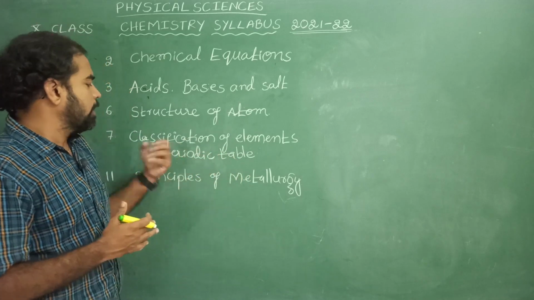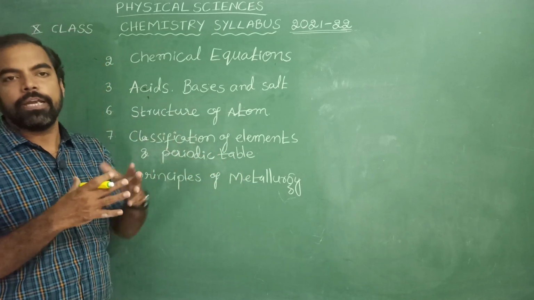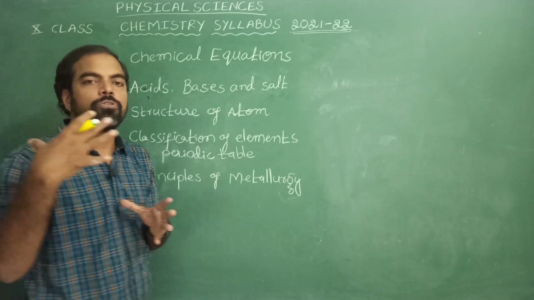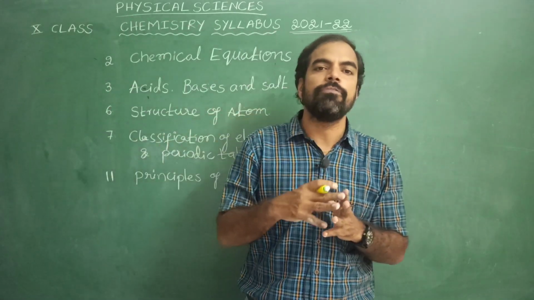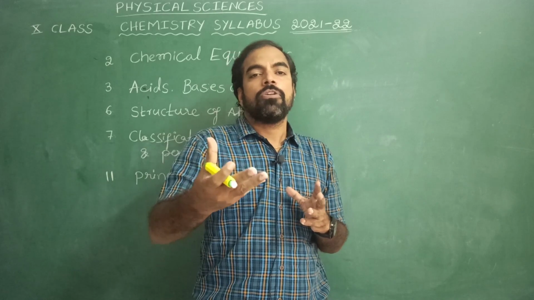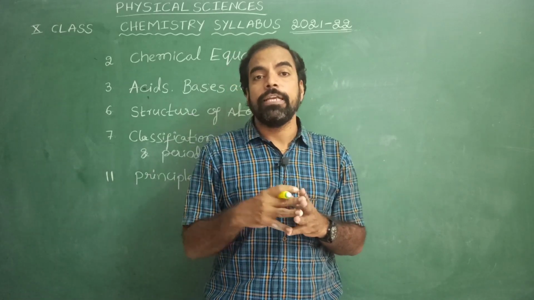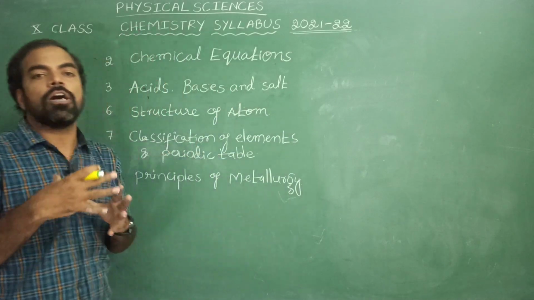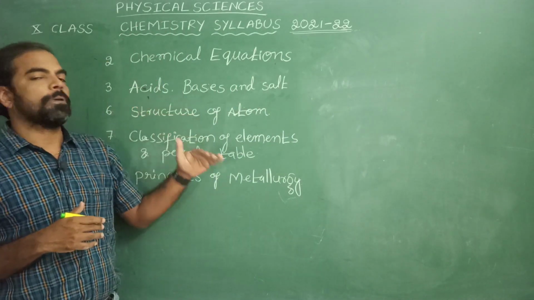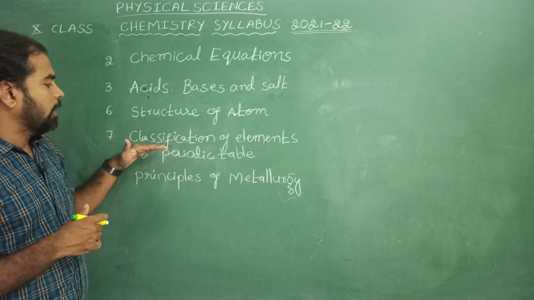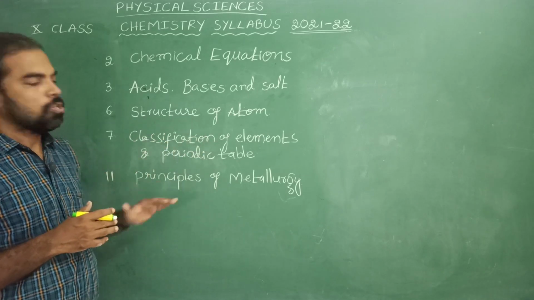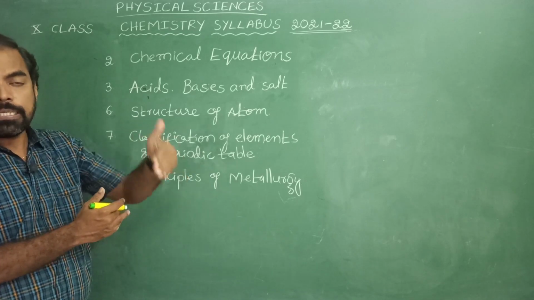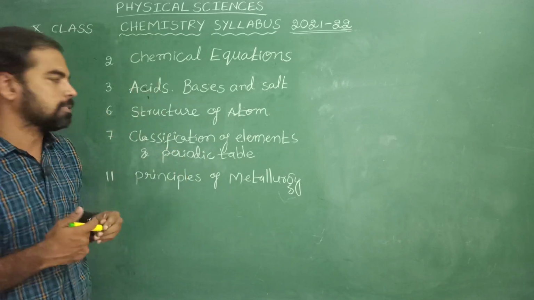There are various properties such as atomic radius, ionization potential, electron affinity, electronegativity, electropositivity, valency, metallic nature, nature of oxides. So all these are the properties and the classification of the elements. In this chapter, the first part is classification of the elements, and the second part is properties of the elements.